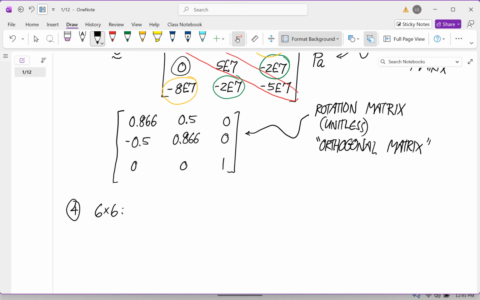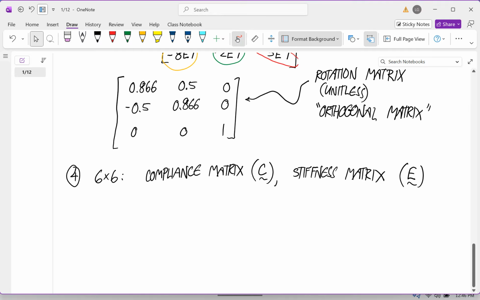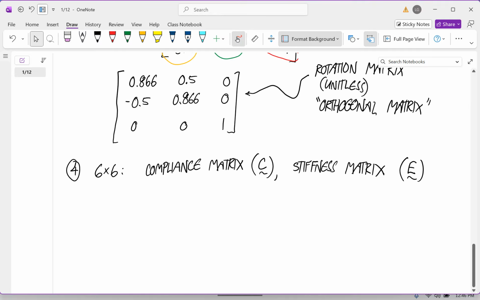And this will be the compliance matrix, that I'll denote as capital C. And this is also the size of what's called the stiffness matrix, which I'll denote with a capital E. I'm just going to give one example because this is a lot of values.